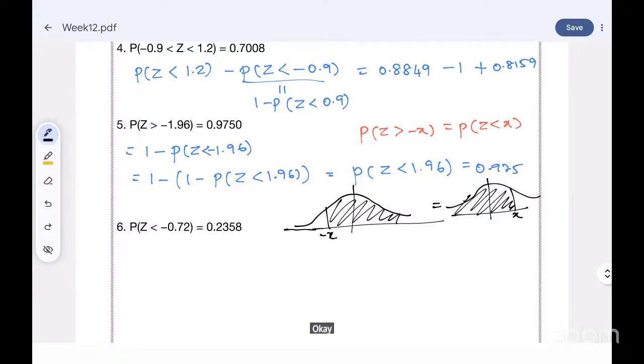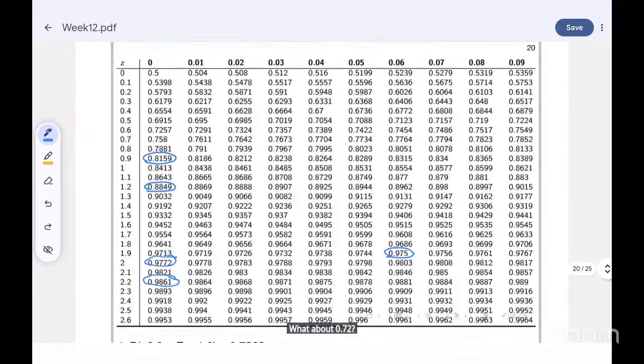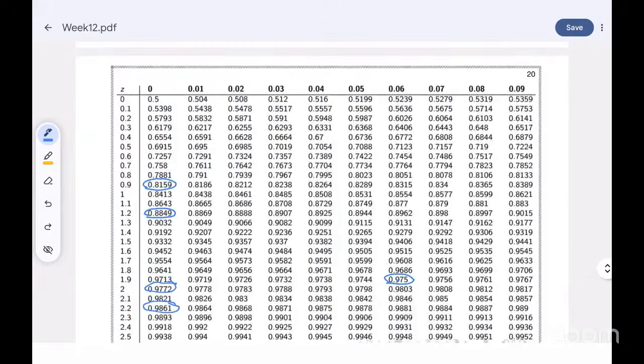Now what about the last one? Probability of z less than 0.72? 1 minus probability of z less than 0.72. So 1 minus 0.7642.